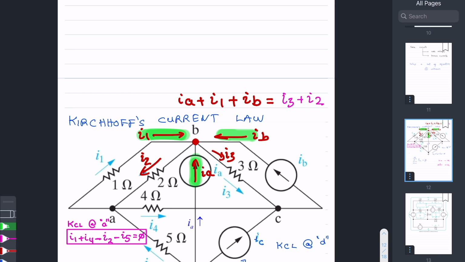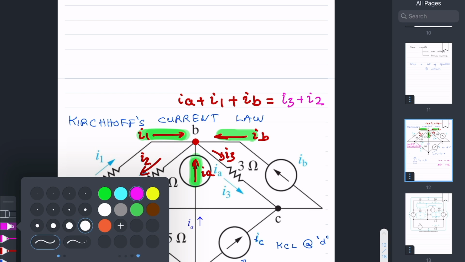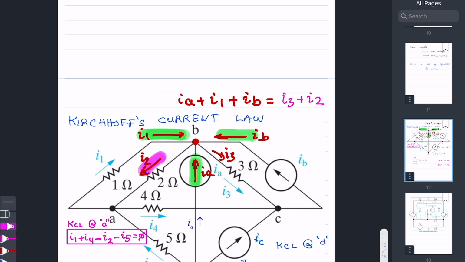The currents that are entering and the currents that are leaving, if you add them on two different sides of the equation, that is a valid application of Kirchhoff's current law. So that is KCL at node B. As a matter of fact, that's exactly equivalent to doing what we did earlier.